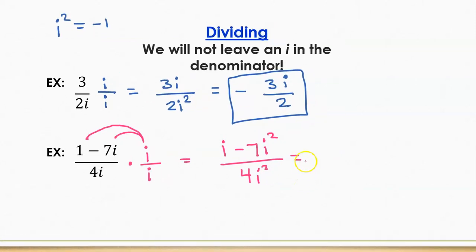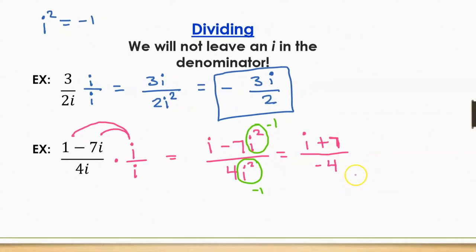Okay, so the i squared in the numerator is a -1, and this is also a -1. So in the numerator, I'm going to end up with i plus 7, because -7 times -1 is +7. And in the denominator, I have this -4.